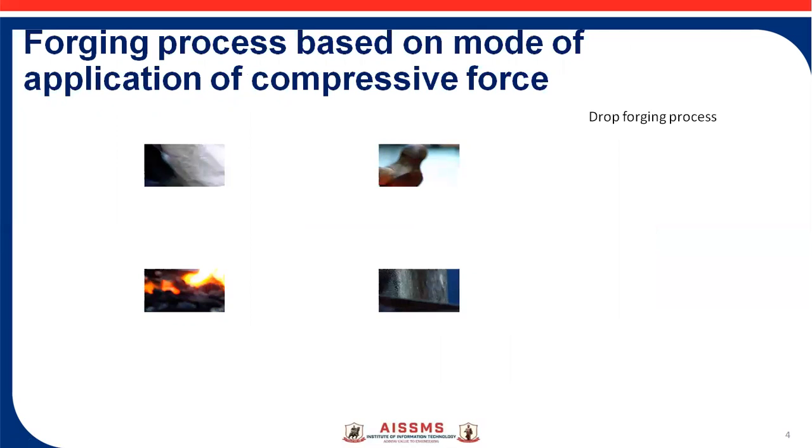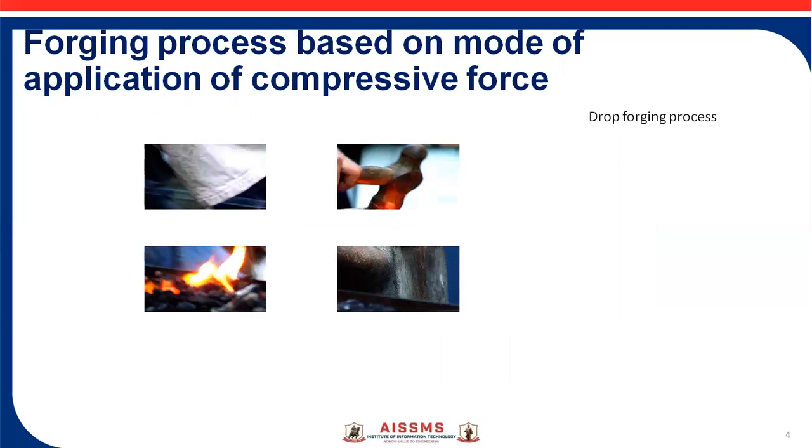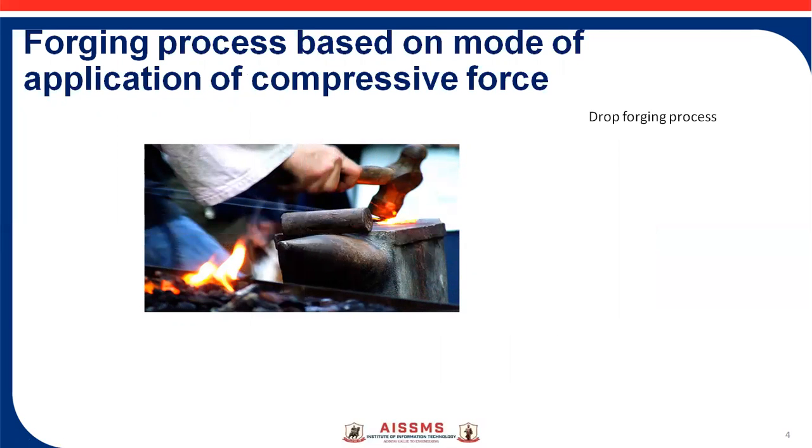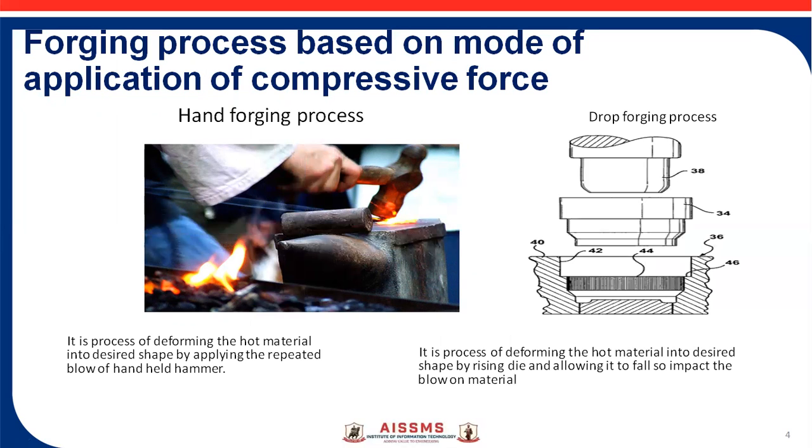Forging is further classified depending upon the application of compressive force. This is the hand forging process, the oldest method in forging. We apply force on the hot material repetitively, giving the required shape using a hand hammer.